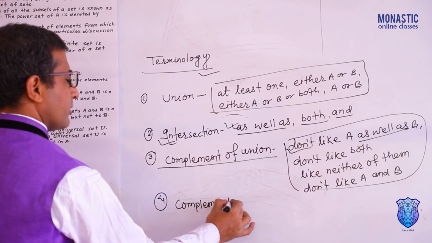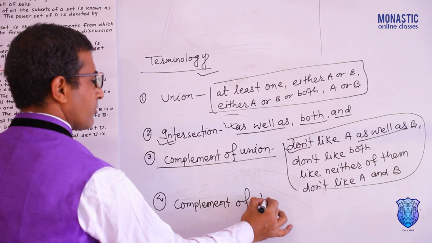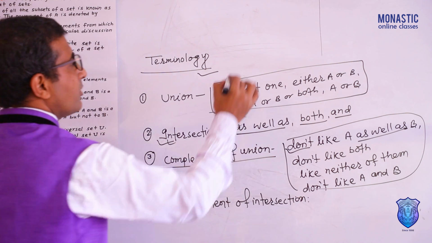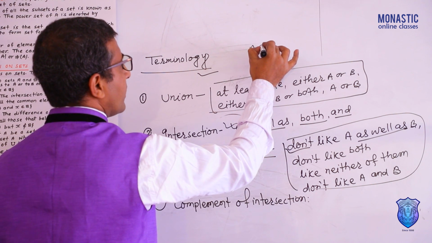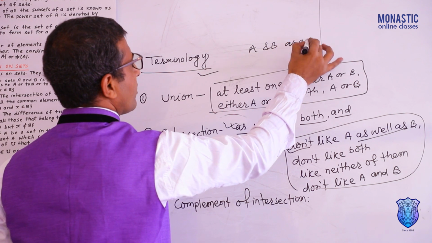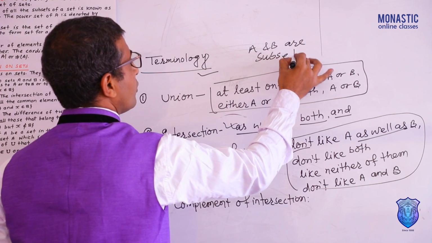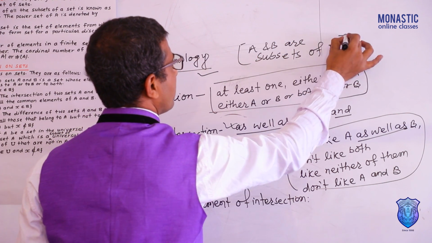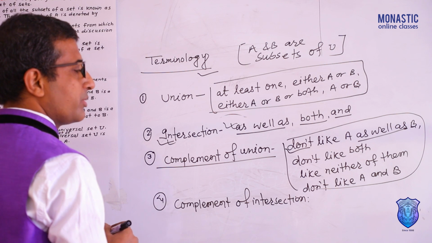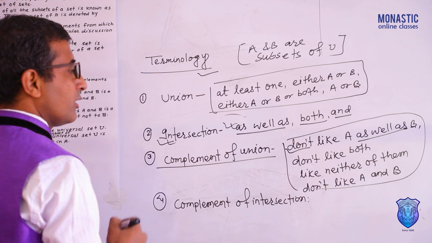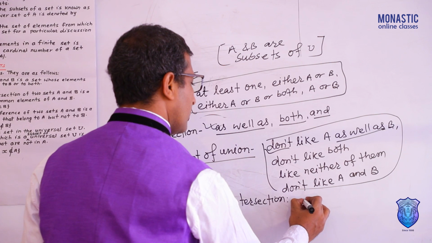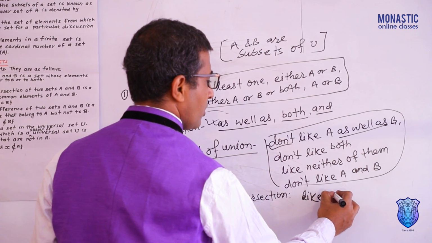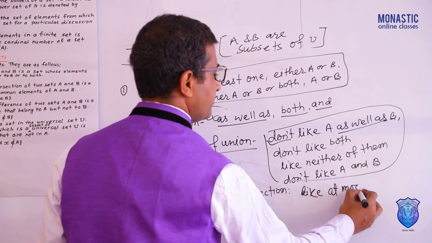Complement of intersection. Be careful, these are for when A and B are subsets of universal. We are talking only about two subsets. Complement of intersection: like at most one of them.